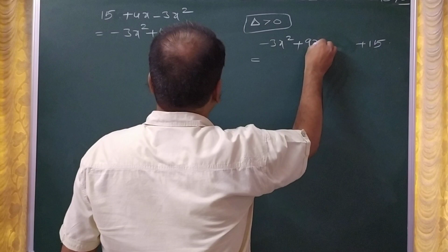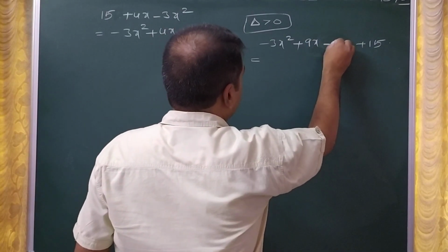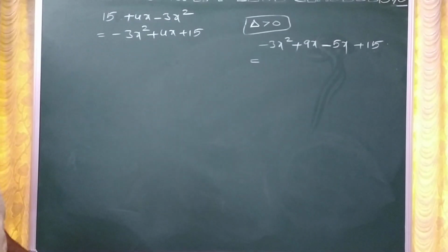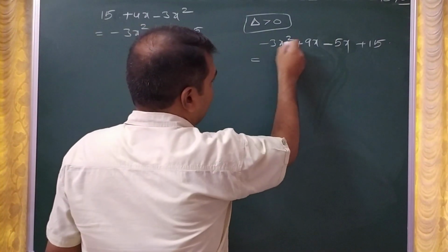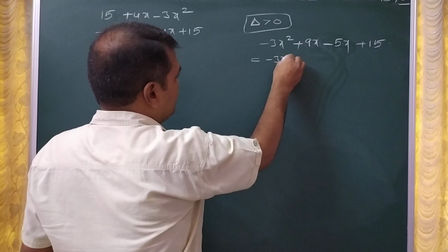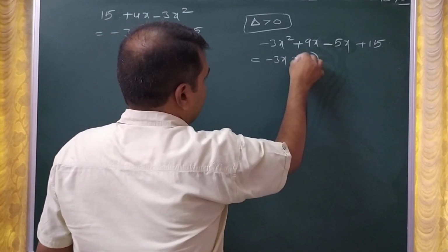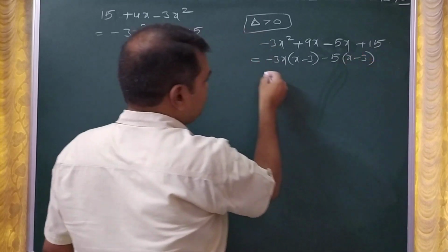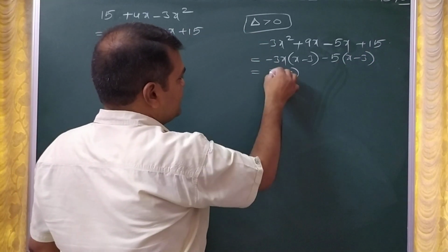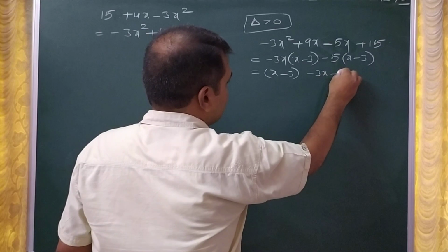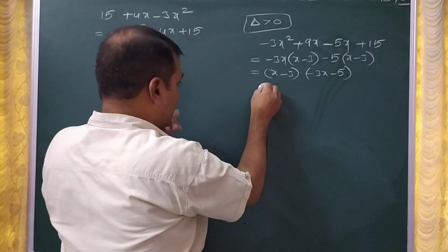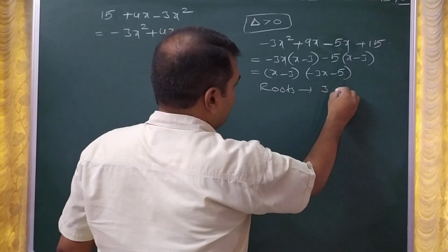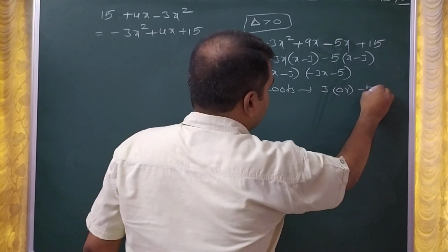So 9x minus 5x are actually the factors. Right. So in the first two terms, minus 3x is common, so x minus 3. In the last two terms, minus 5 is common, so x minus 3 is common. So minus (3x minus 5)(x minus 3). What are the roots here? The roots are going to be 3 or minus 5 by 3.